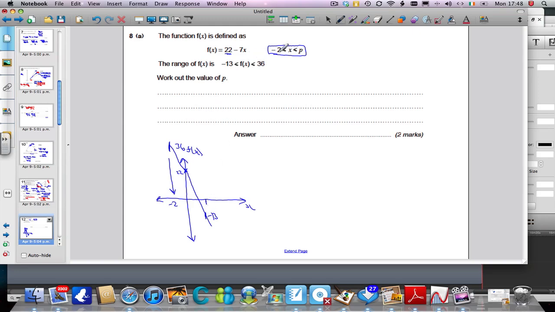So if you look, when I put -2 into this, let's just check that out. 22 take away 7 times -2 gives us 36. So this -2 part gives us this. That means the p should give us -13.